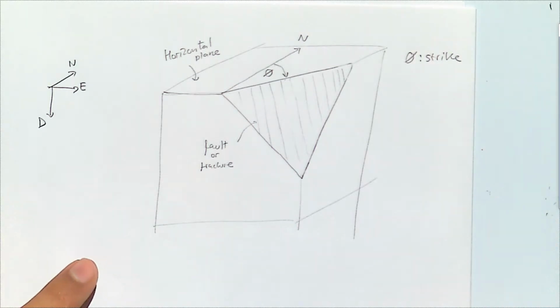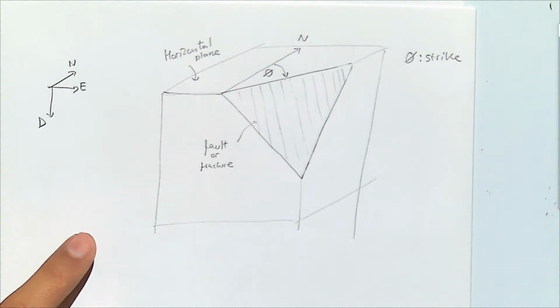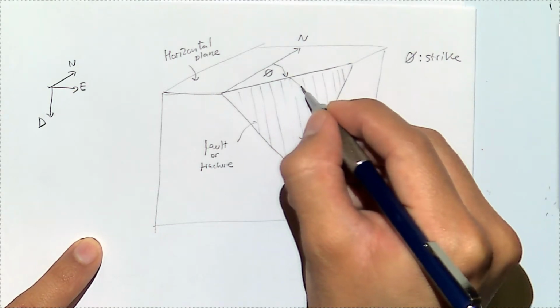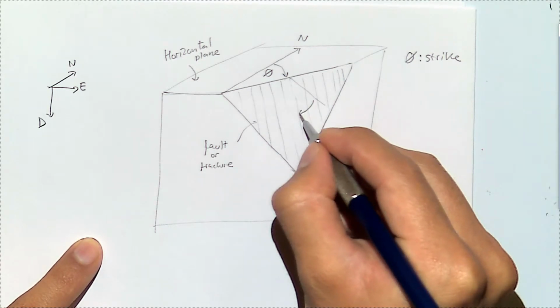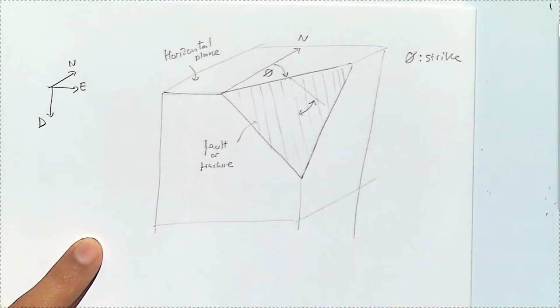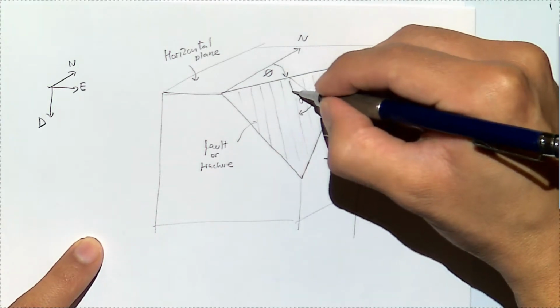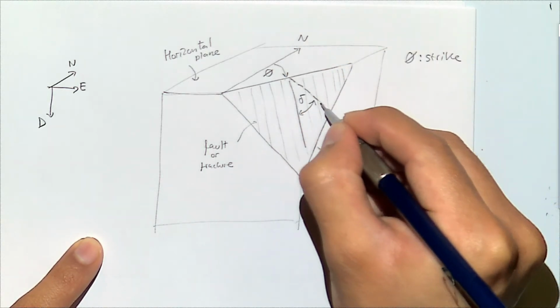All right. In order to define a plane in 3 dimensions, we need 2 angles. So we need one more. And this one is going to be the angle between a horizontal plane and the steepest line in the plane. And this one is going to be the dip angle.